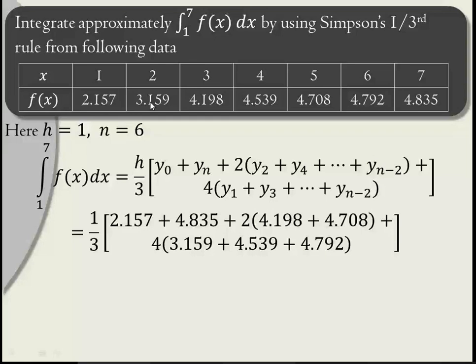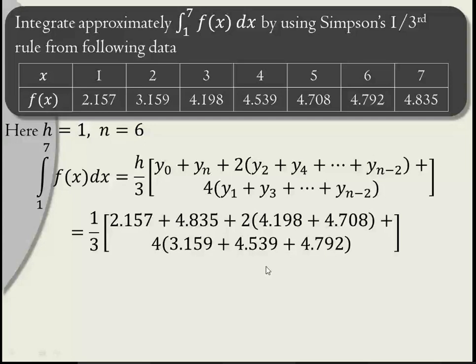Then y4, that is 4.708, plus 4 times the odd values. This is y0, this is y1. So y1 is 3.159 plus y3 4.539 plus y5 4.792.